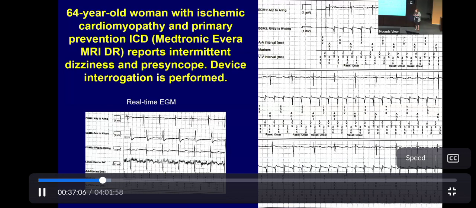And what do you think that one is? VT, right? That's our classic AV dissociation, and you have the A's doing their thing and the V's doing their thing. And you see the sensed intervals, they're 330, 340, so it's pretty regular. But you see this little marker channel on it, and it's like resetting it and saying, maybe it's not VT. Why is it saying that, right?